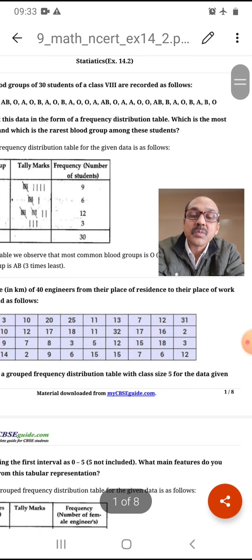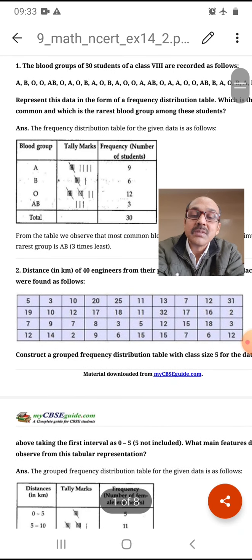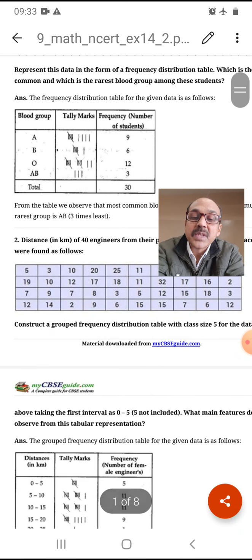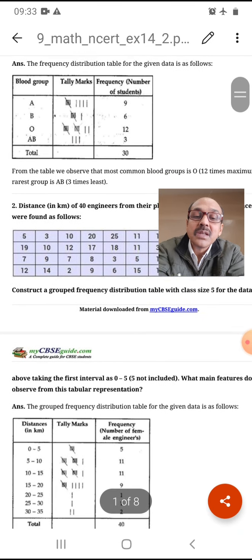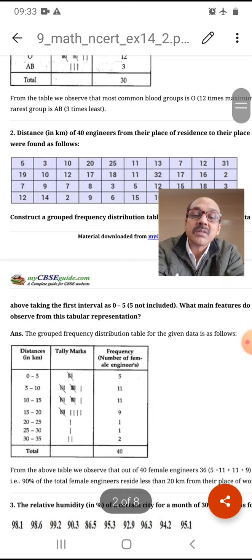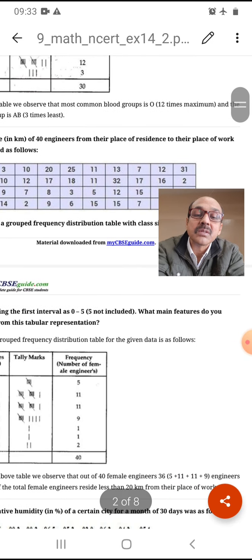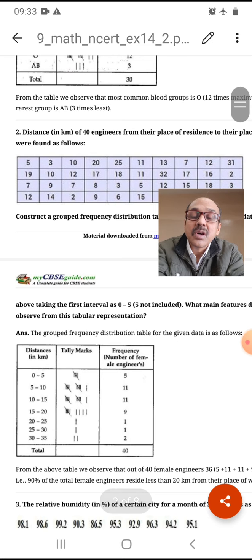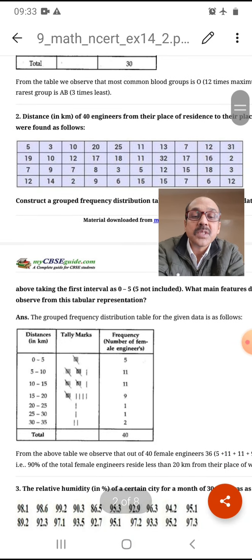Now construct a group frequency distribution table with class size 5 for the data given above, taking first interval 0 to 5. 5 is not included. What main features do you observe from this table representation?